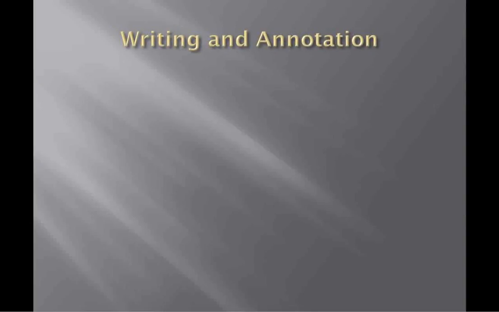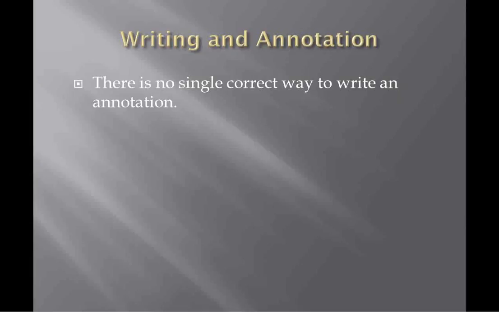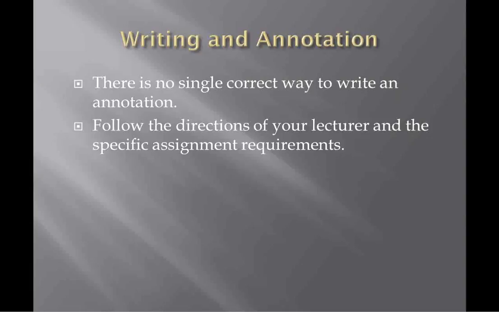Writing an annotation. First of all, there is no single correct way to write an annotation and to compile an annotated bibliography. Follow the directions of your own lecturer and the specific assignment requirements when you're tasked with taking on an annotated bibliography.